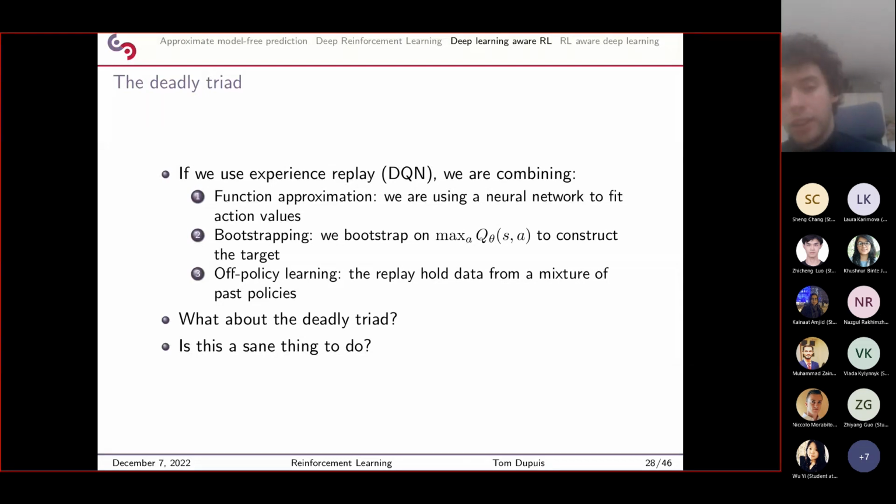If you combine experience replay with bootstrapping, so we do Q-learning, where bootstrapping means the target, remember, uses the current estimate, and deep neural networks, things can go really south. In practice, it can diverge really badly if you're not careful.